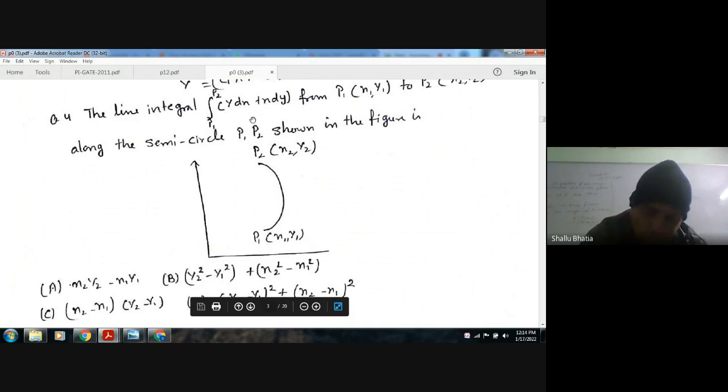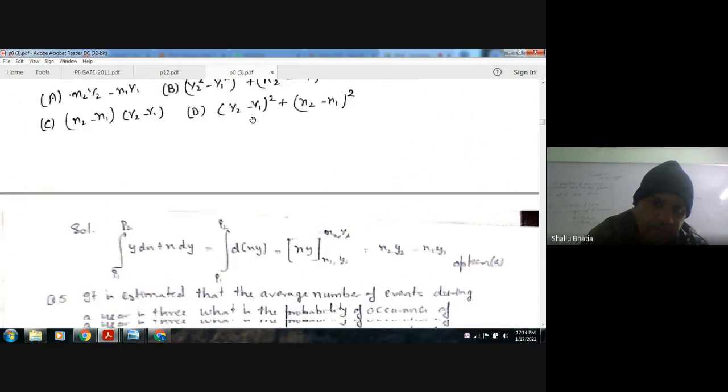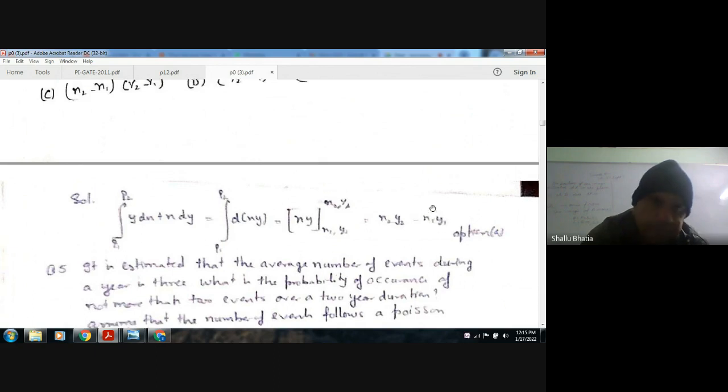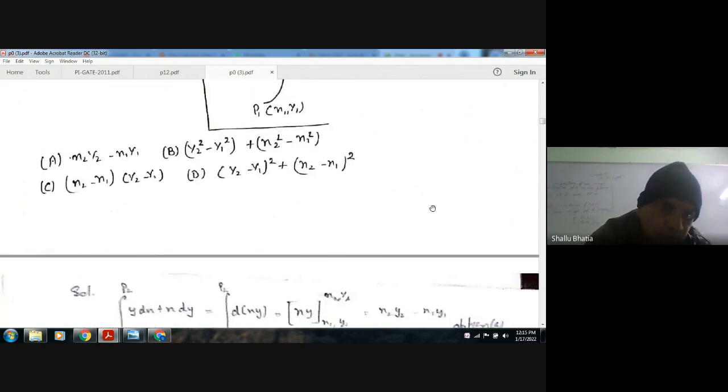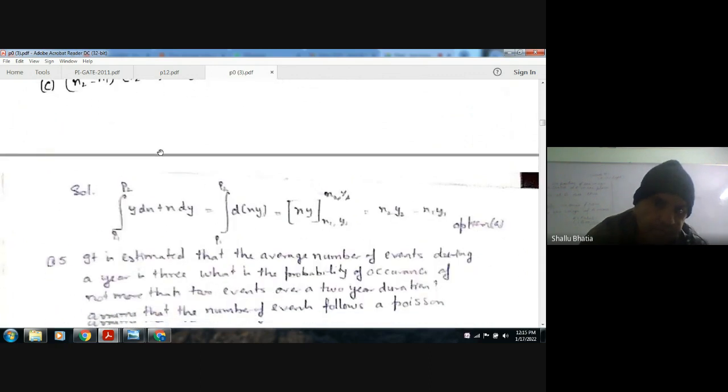Now y dx plus x dy can be written as d(xy), and the limits are p2 and p1. So its integration is xy, with limits p2 being x2 y2 and p1 being x1 y1. Putting the values, x2 y2 minus x1 y1. So option A. The answer is A.